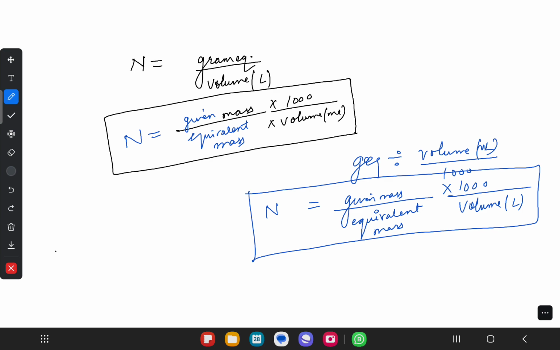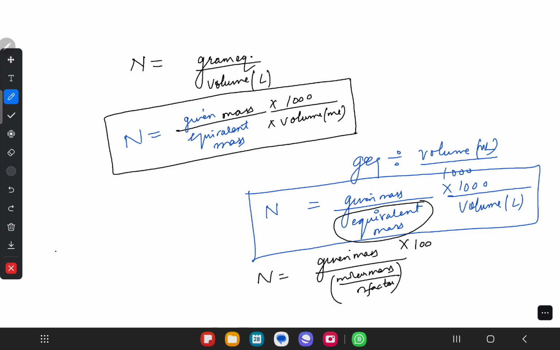Did you understand? And how do you find the gram equivalent mass? That is given mass over molar mass by n factor. Molar mass by n factor is equivalent mass. And that is volume in milliliter. So this n factor goes at the top.